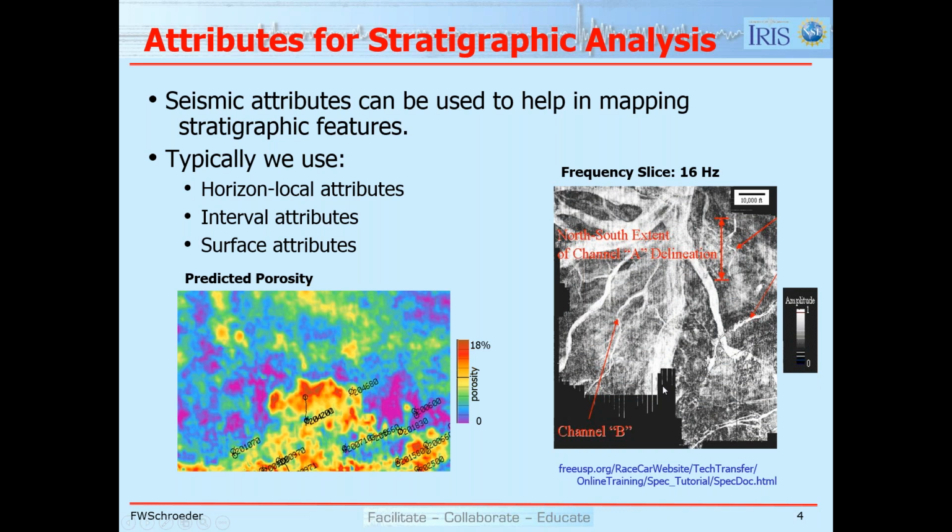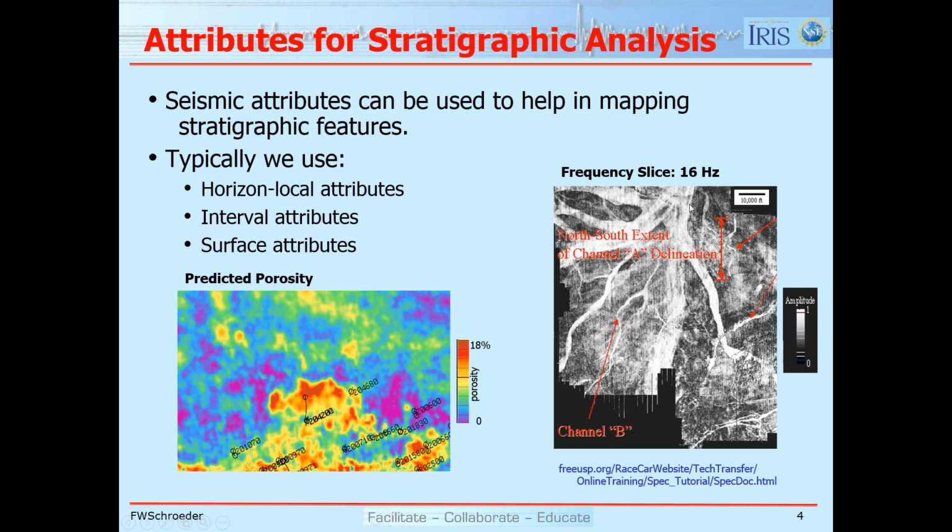This is a different type of attribute. This is a frequency, 16 hertz within the spectrum. This is a time slice from a 3D cube off of Louisiana. At 16 hertz, bodies of certain thicknesses light up, so to speak.